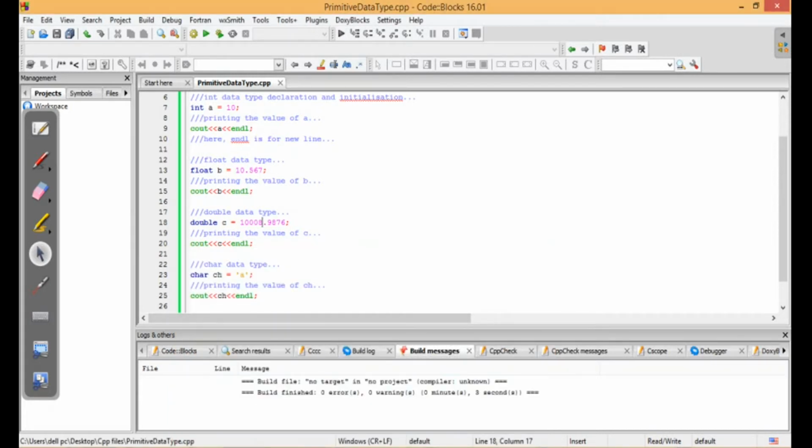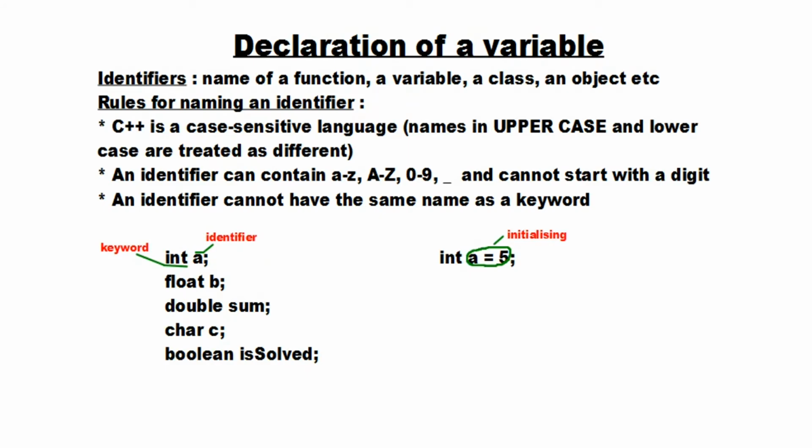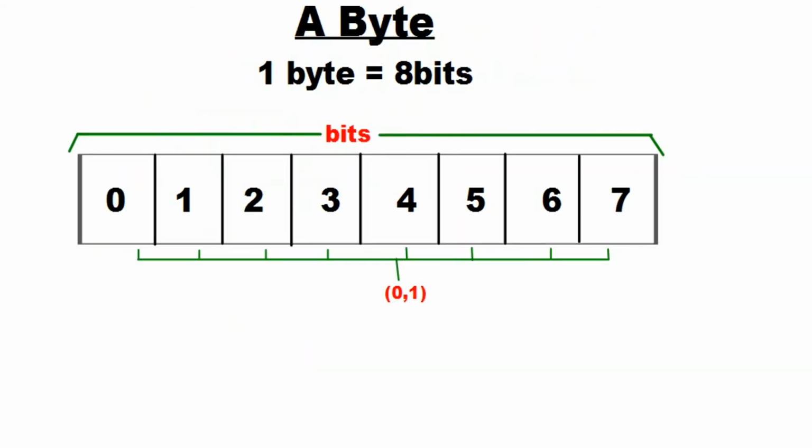Moving on to memory allocation of these data types. So we know a byte contains 8 bits. 1 byte is equal to 8 bits. You can see this is a byte. This has 8 bits in total.